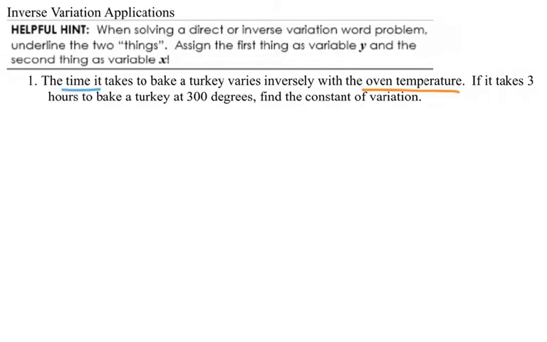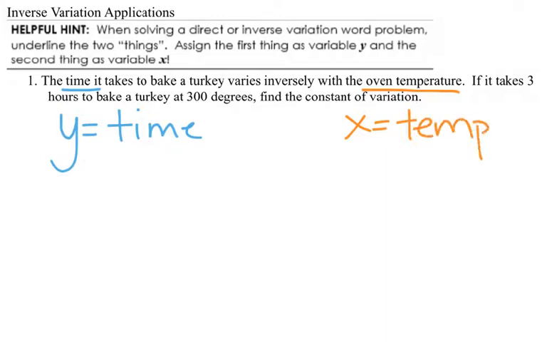Alright, so the two things are time, which is our first thing, so that's going to be our y. Y is going to be time. And oven temp. So I'm just going to put temp. Alright, so we are finding the constant of variation. If it takes 3 hours to bake a turkey at 300 degrees, find the constant.